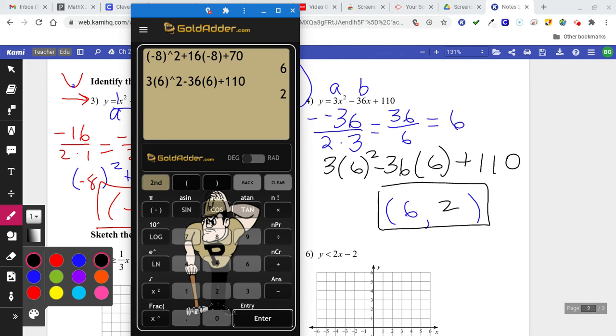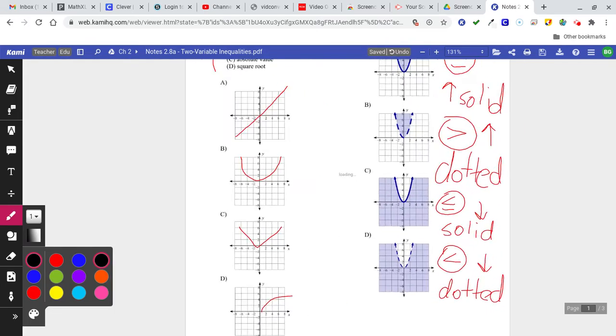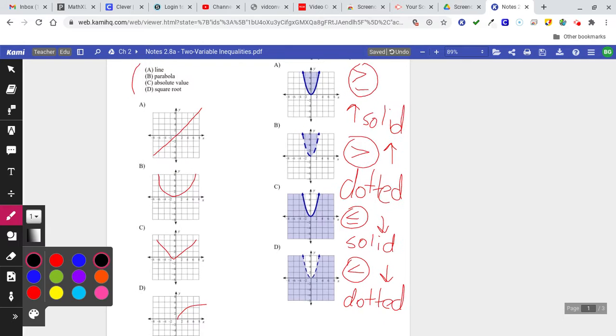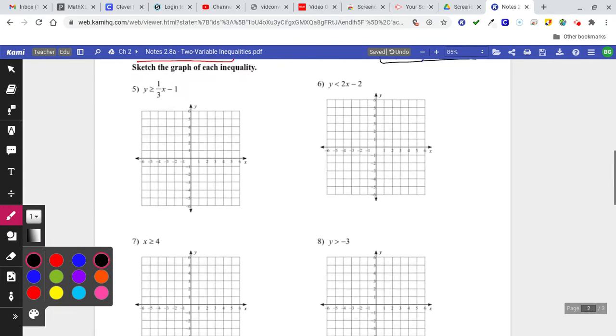There's my vertex. So put all that together. We've got our basic shapes, and we can shade, and we can find a vertex. We should be able to do about anything.